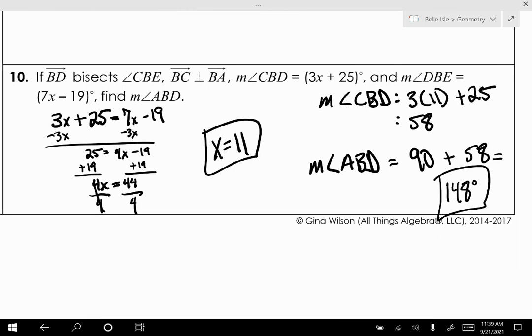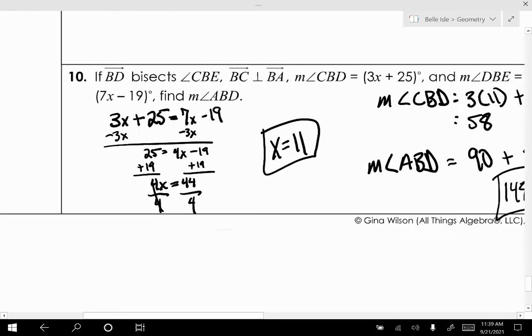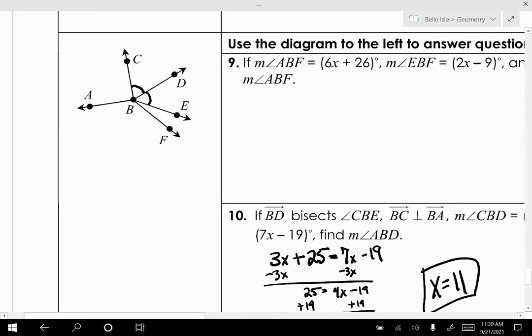Can you explain how you got there? Yes. I understand how you get X. That's okay. So let's look at it together, please. Where did you get the 7x? If ray BD bisects CBE, and ray BC is perpendicular to BA, so it creates a right angle.